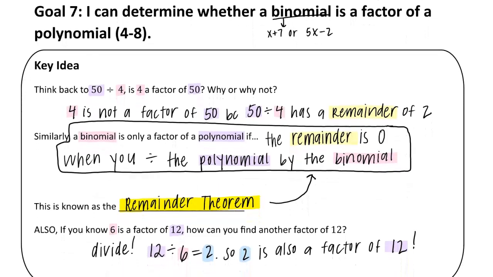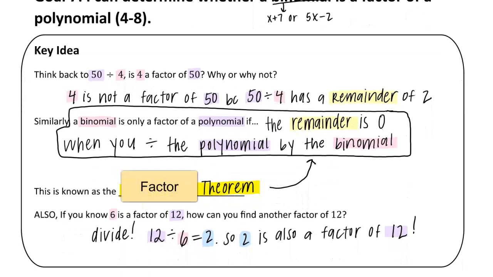Also, a little extra piece on the remainder theorem tells us that if you know one factor, like for example, if you know 6 is a factor of 12, you can find another factor of that number by dividing. So if you did 12 divided by 6, you get 2. That tells us that 2 is also a factor of 12. Whatever the quotient is also a factor of the original number.